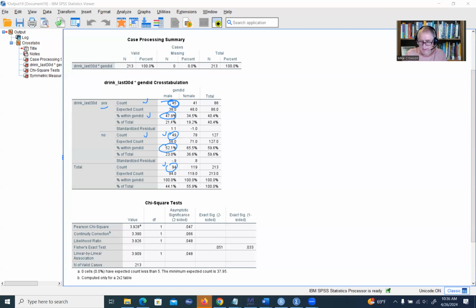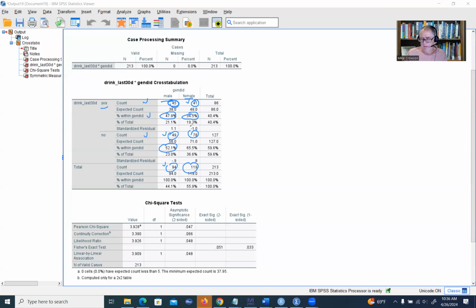So then if we look at the female column right here, you can see we have frequency counts of 41 for yes and 78 for no. So the percentage, the 34.5% that you see right here, this is just calculated by dividing 41 by the number of persons identifying as female, which is 119, multiply that by 100%.